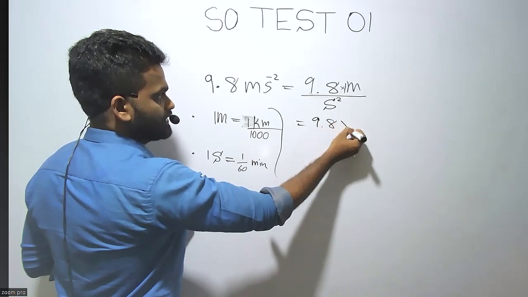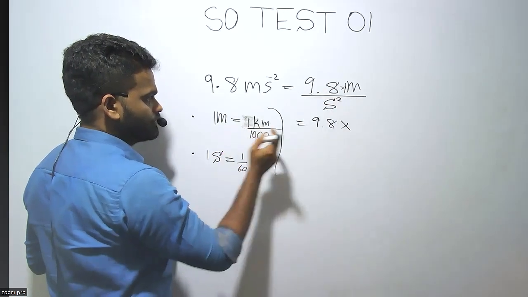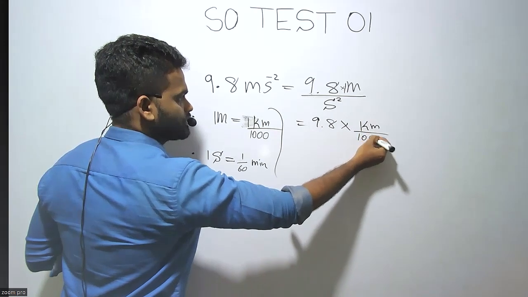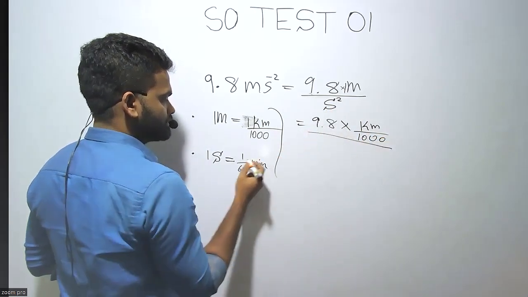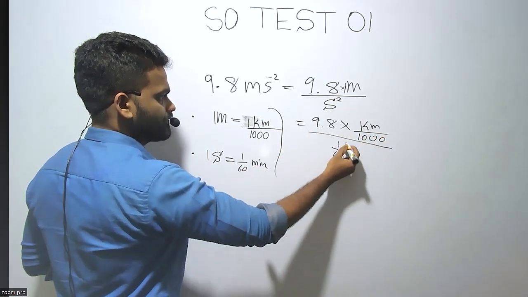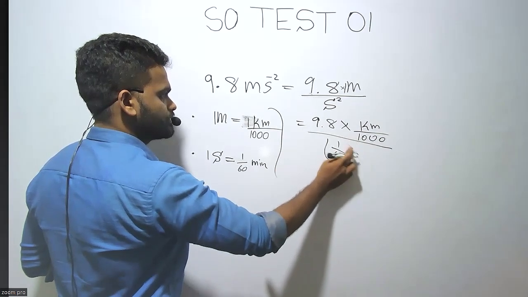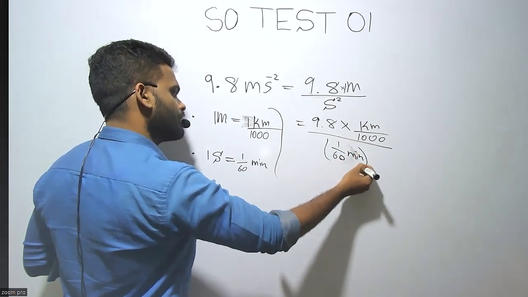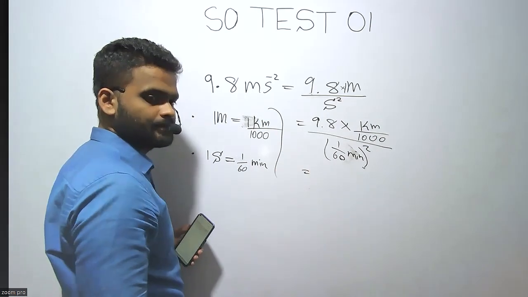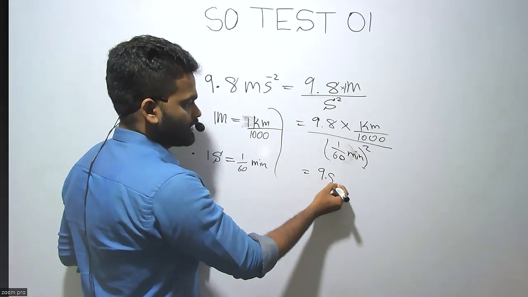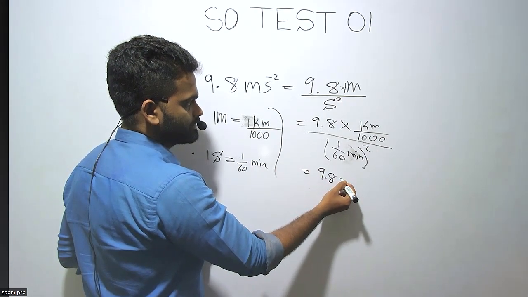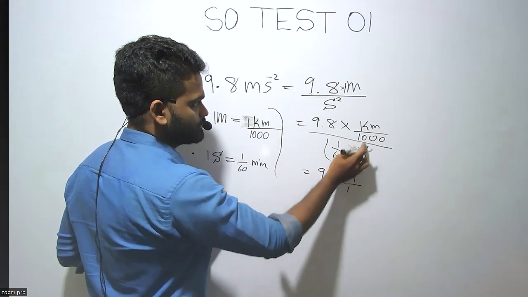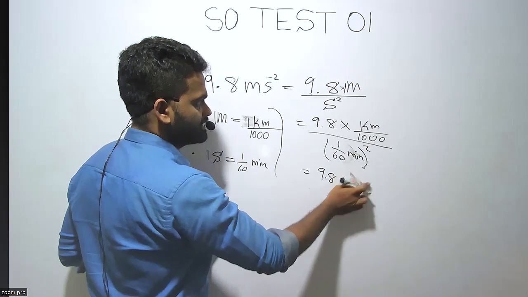Then with the units, just substitute the values here. So 9.8, 1 meter means 1 kilometer over 1000, divided by s squared, that is 1 over 60 minutes. Substitute with the whole unit, right? What do you get? So 9.8, 1 over 1000 means 10 to the power minus 3.